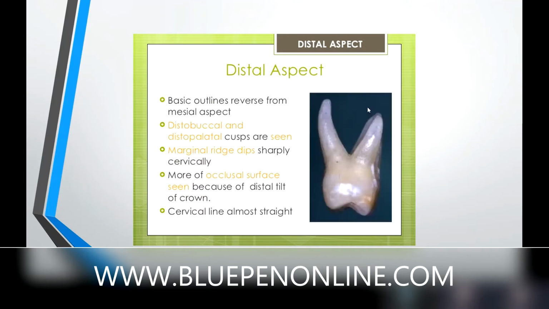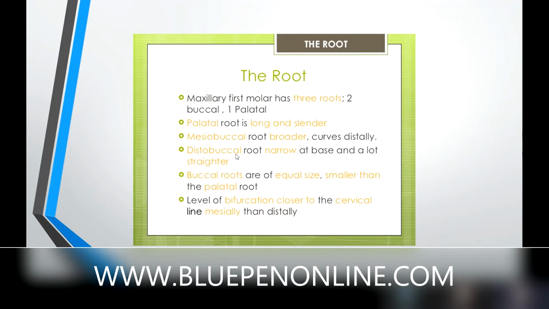That is what they have given here as mesiobuccal root is broader and curves, distobuccal root is narrow and is straight. Buccal roots are of equal size, smaller than the palatal root.